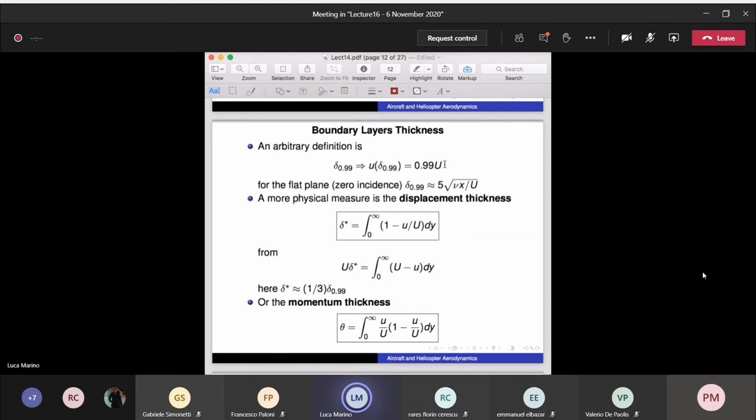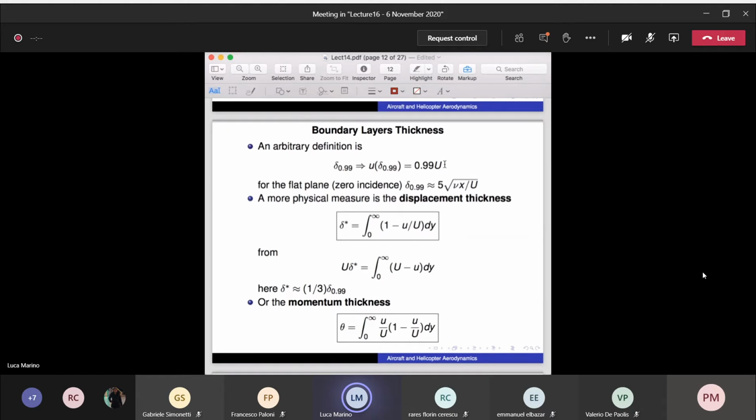What do I mean by external velocity? External velocity means the velocity that you will find very far from the body, where the influence of the viscosity can be neglected. Okay, so pay attention because this is important.